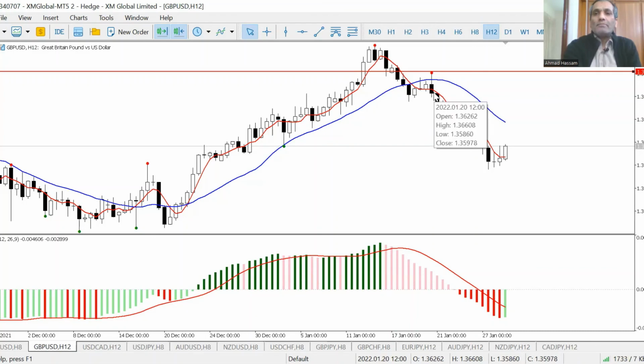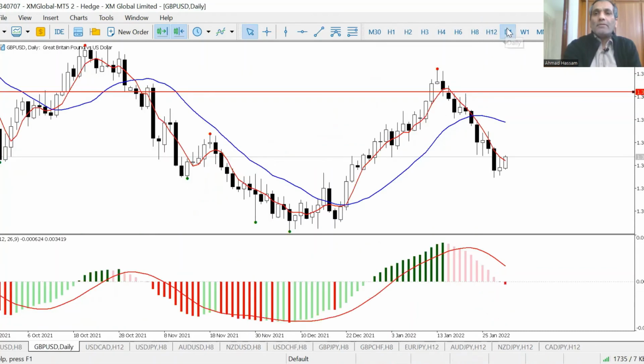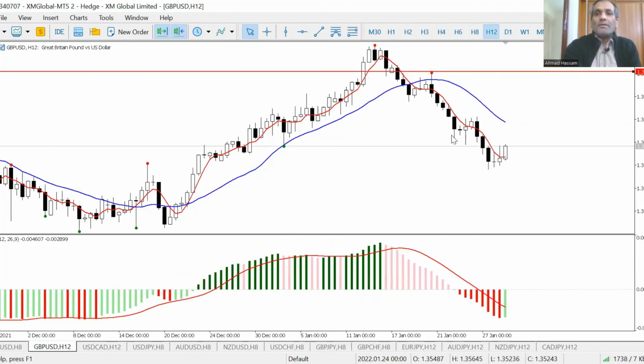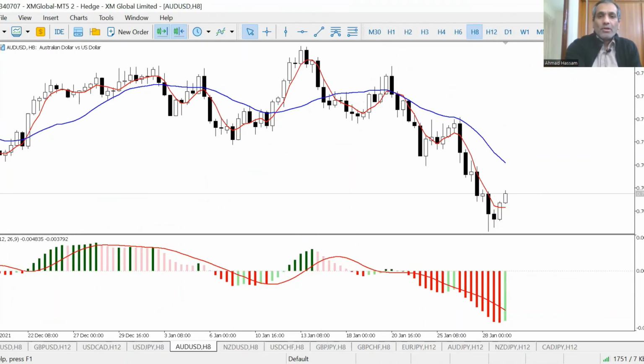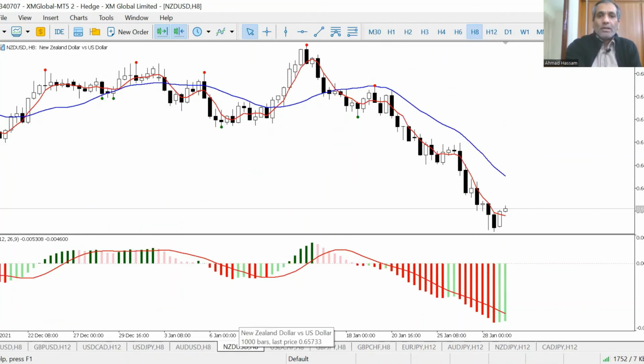Once you are trading on D1 and H12, it depends on the currency pair. For example, on pound dollar, a 150 pip take profit is a very good take profit target. But if you are trading on New Zealand dollar or Aussie dollar, Kiwi dollar, Aussie dollar, here a 100 pips take profit, 70 pips is a good target.